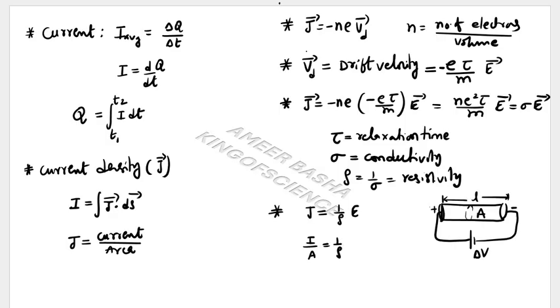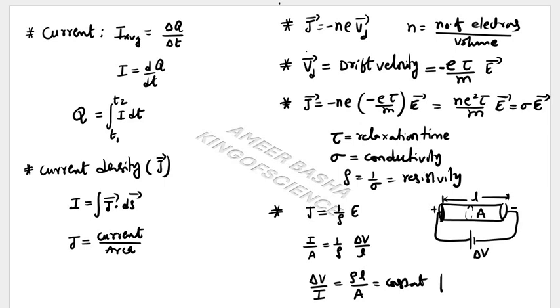Electric field can be written as potential difference divided by length. So from here delta V divided by I is equal to rho L by A, which is a constant for a given conductor.